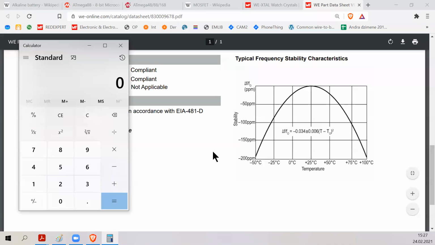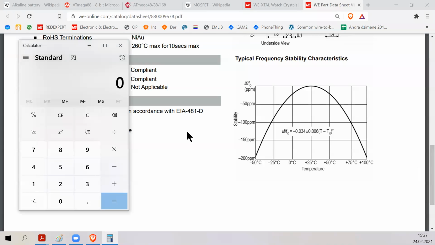So we count all these ppms together. 20 ppm is manufacturing imprecision plus 5 ppm aging, 3 in the first year and another 2 in the next years. Usually it doesn't drift by aging more than that. And plus, for example, 100 ppm. So it's a total of 125 ppm max deviation between, for example, minus 25 degrees and plus 75.